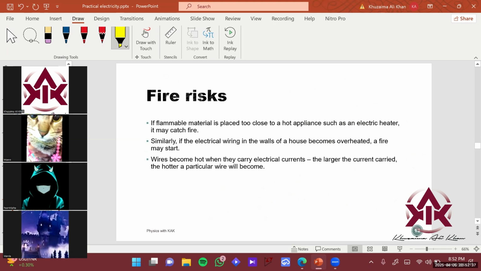Also, if you have flammable material placed near a hot appliance, let's say you have a refrigerator, right? And at the back of the refrigerator, you have a metal sheet, which produces heat energy, right?